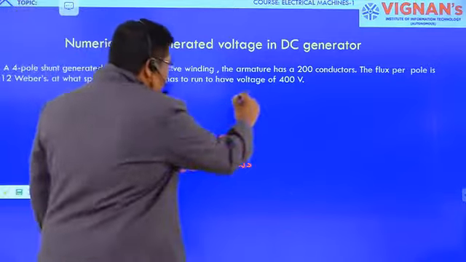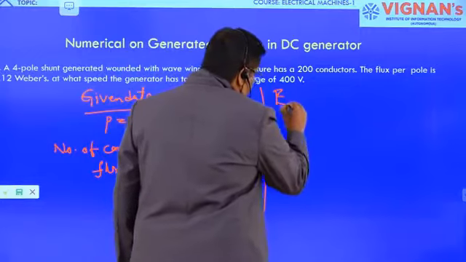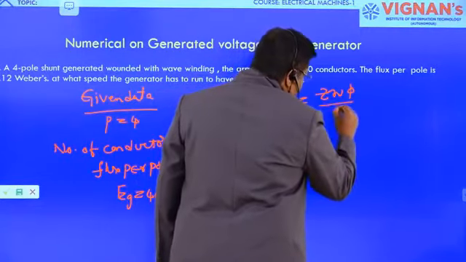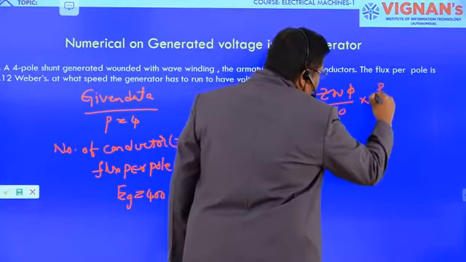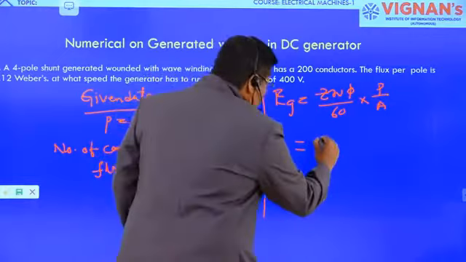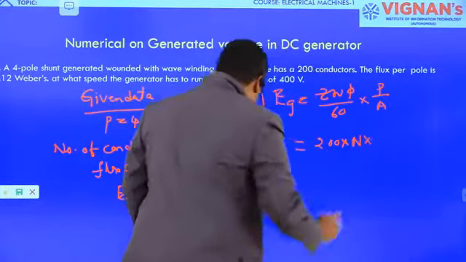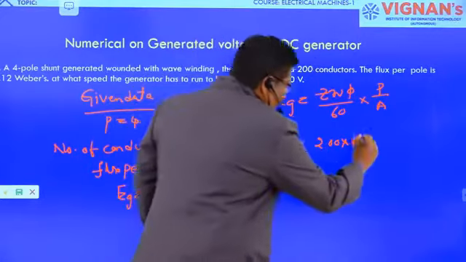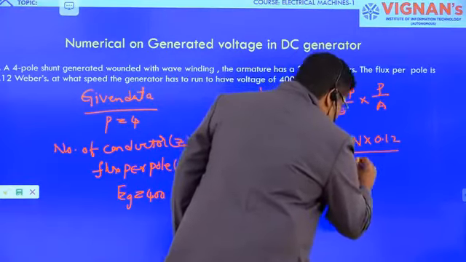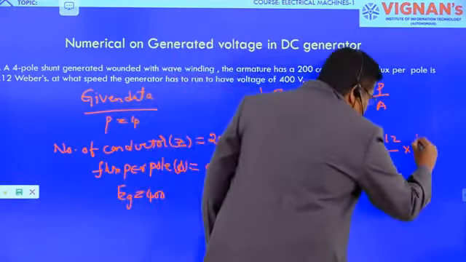We know the formula for the generated voltage in a generator: EG equal to ZNΦ/60 into P/A. The total number of conductors is given, 200. Speed we have to calculate, and the flux per pole is given, 0.12, divided by 60 into P, the number of poles, 4.